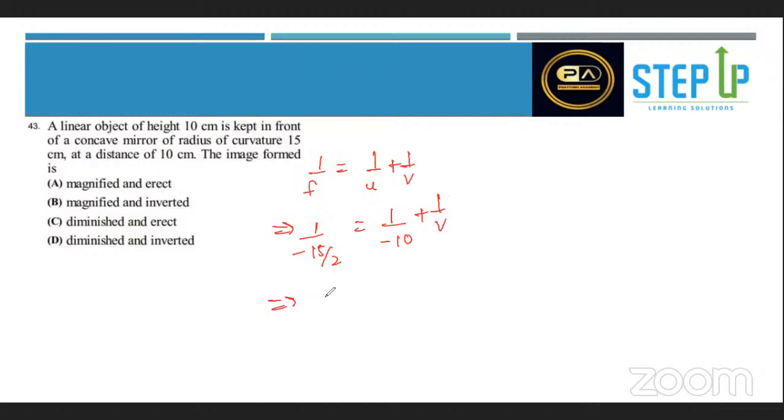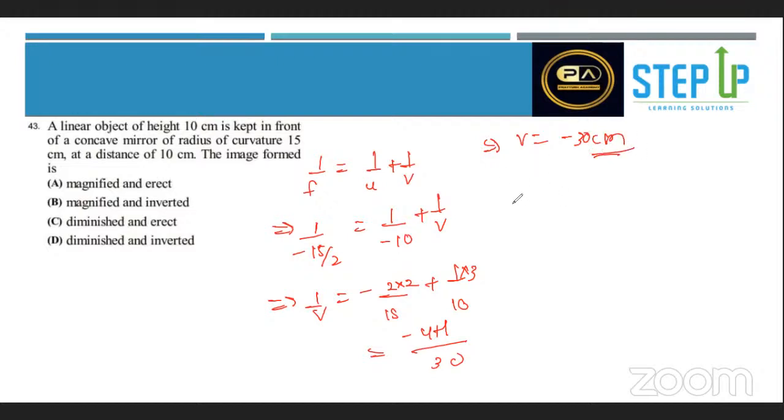So basically, I get 1 by v is equal to 2 by 15 negative plus 1 by 10. So taking the LCM, it is 2 times 3 times 5, that will make it 30. So 30 minus 4 plus 1... basically gives v equal to minus 30 centimeter.